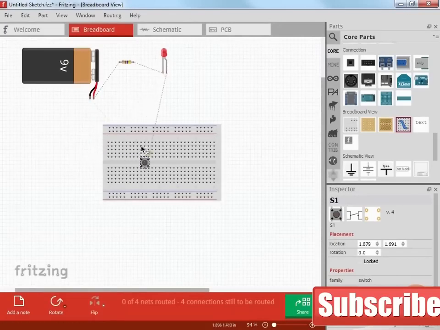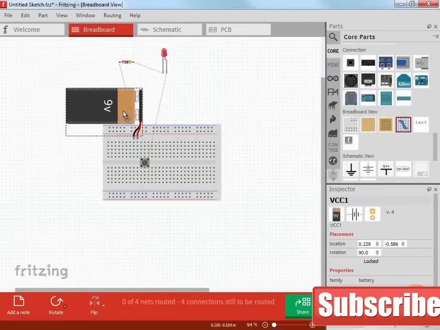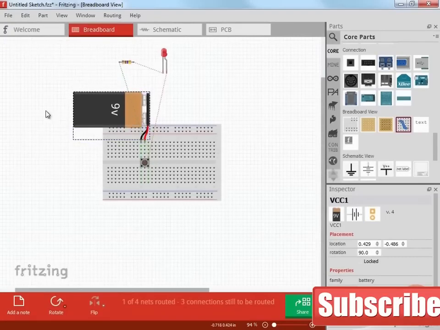We can see the green highlighted areas that show the common buses for each portion of the connected terminal. We'll take the battery and we'll take advantage of the onboard circuit traces. So now we've made that connection. We'll take the resistor, put that there.